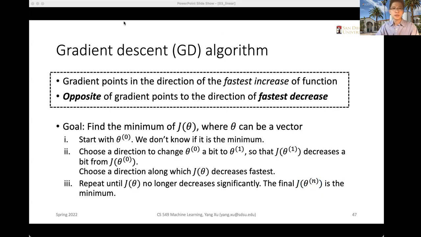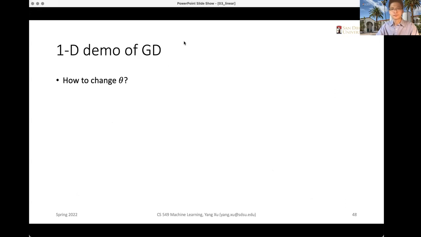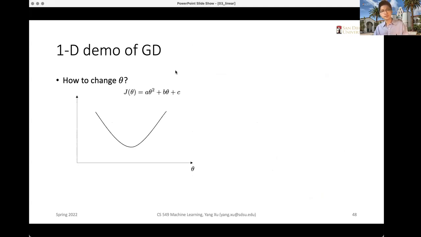Okay, so next let's apply this gradient descent algorithm to the linear regression problem. And first of all, let's look at a simpler example to demonstrate how gradient descent works, using some more concrete examples of cost functions.